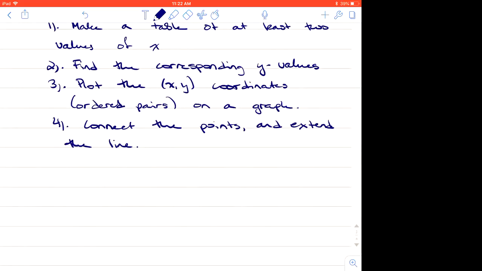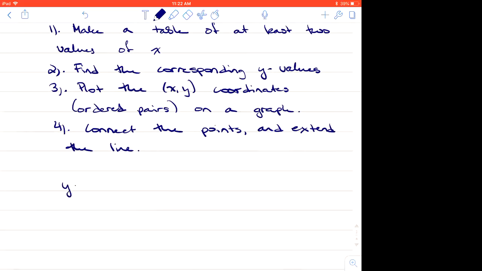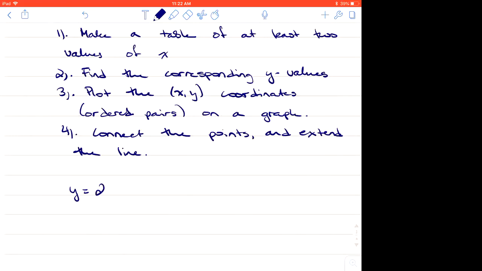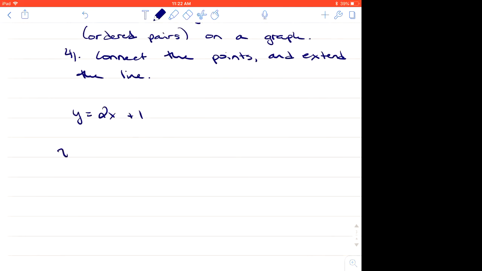So for y equals, I don't know, something simple, I had 2x plus 1. Right. First thing I would do is make a table of x values and y values. And I'm only going to do 2 values. I'm not an overachiever.